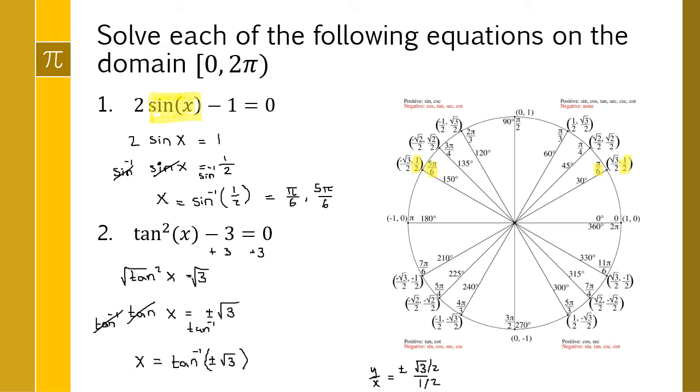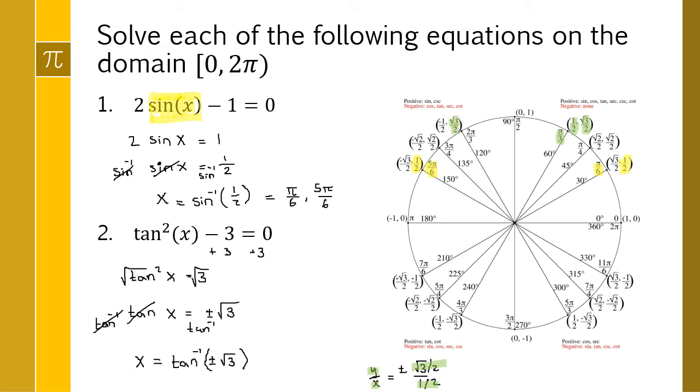So what I'm really looking for here is places on the unit circle where the y value is root 3/2 and the x value is 1/2. And it can be either positive or negative. So I'm going to be finding all the spots where that works. So a y value of root 3/2 and an x value of 1/2 happens there.